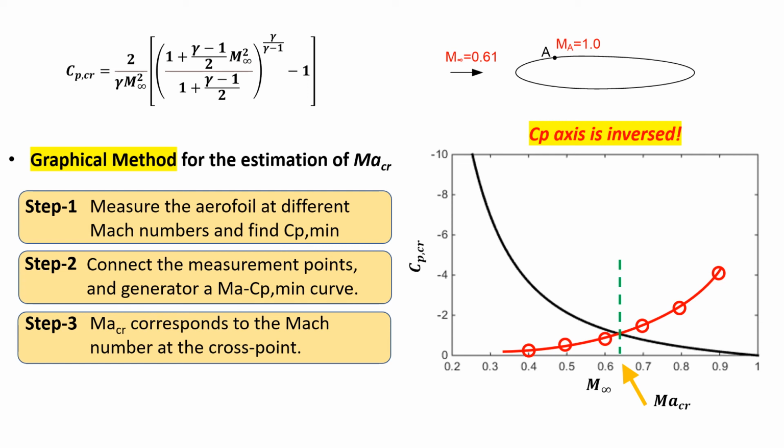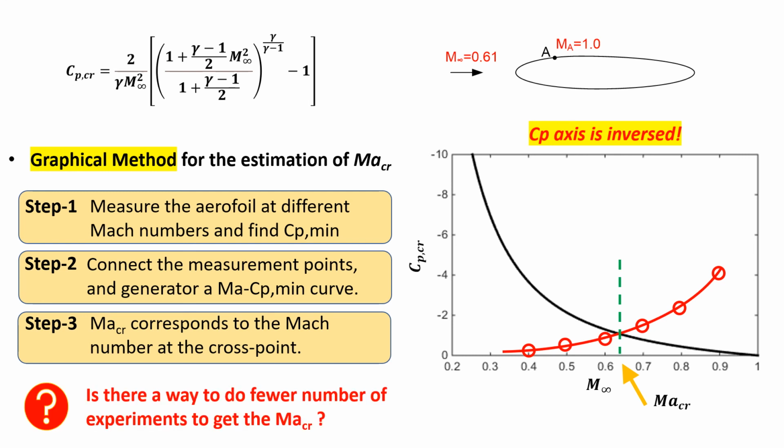The critical Mach number is derived through the cross point. This is, I would say, the magical part. The only thing is you need to do several measurements. Although I'm just showing 6 points here, in reality you need to do more to have a smoother connection of the red dots, and it will give you a more precise critical Mach number estimation.